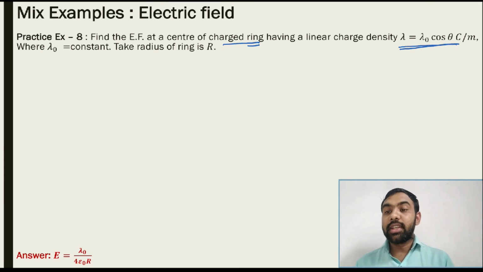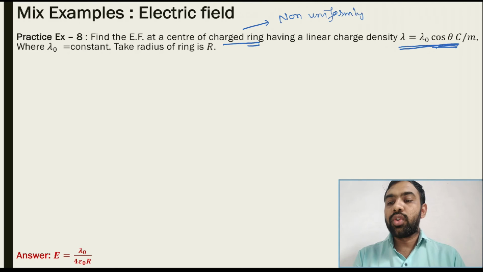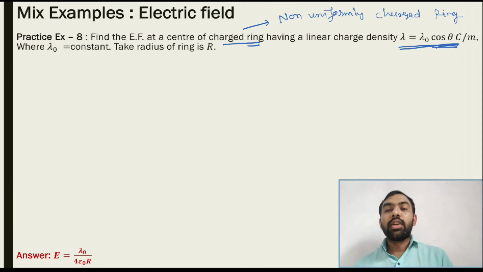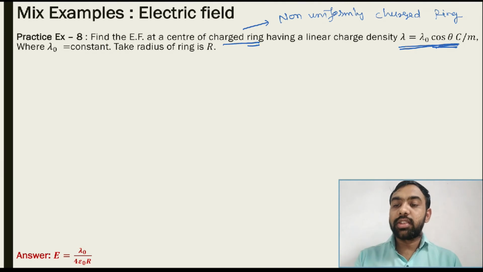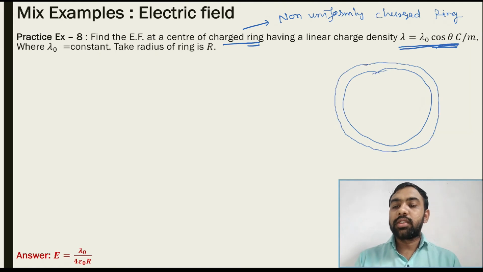Here it is non-uniformly charged, depending on theta. So how do we get this answer? Very simple. Consider this non-uniformly charged ring.